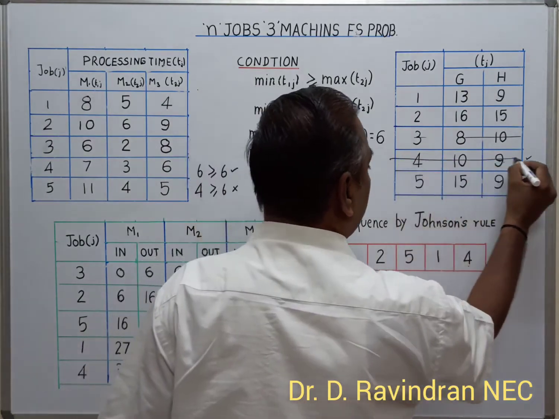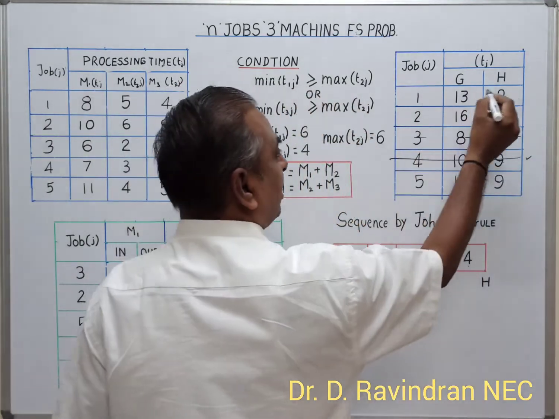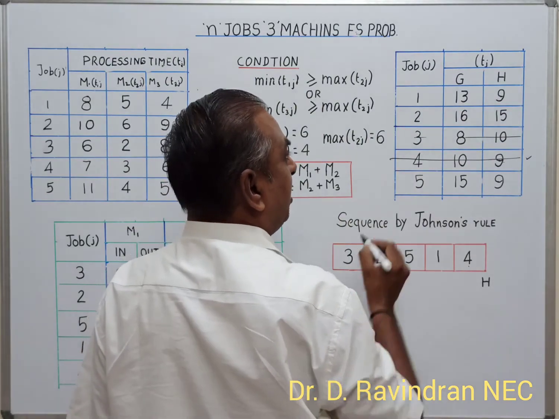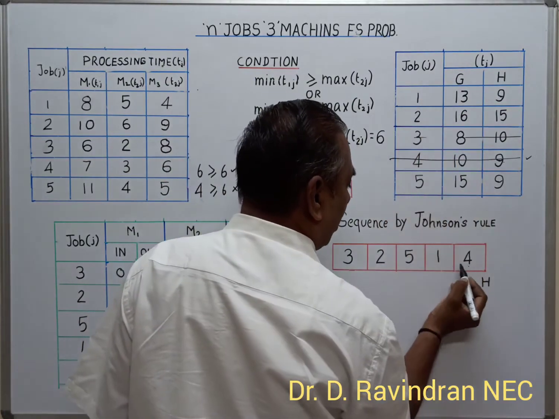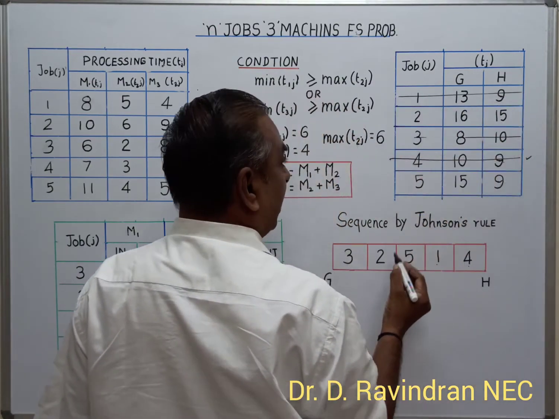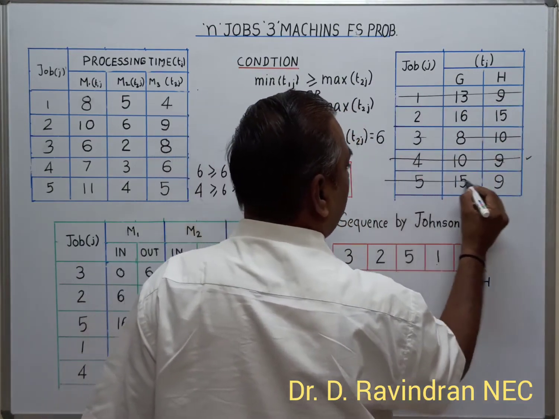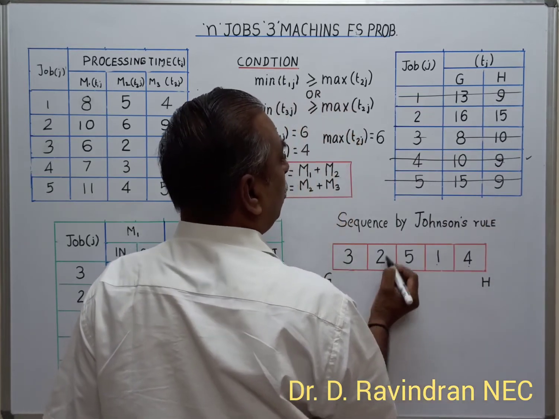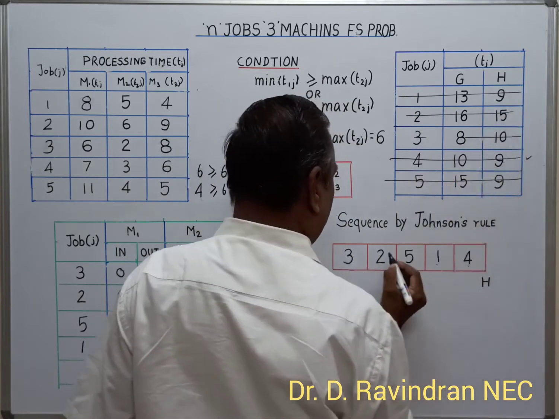Then we can strike off this 4. Then 9 is also the lowest processing time, so this first job can be processed just before 4, and it can also be struck out. Then the 5th job also can be processed just before 1. The only job left is 2, so 2 can be placed here.